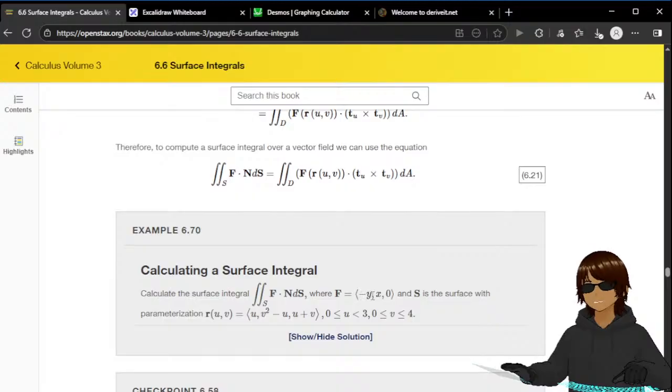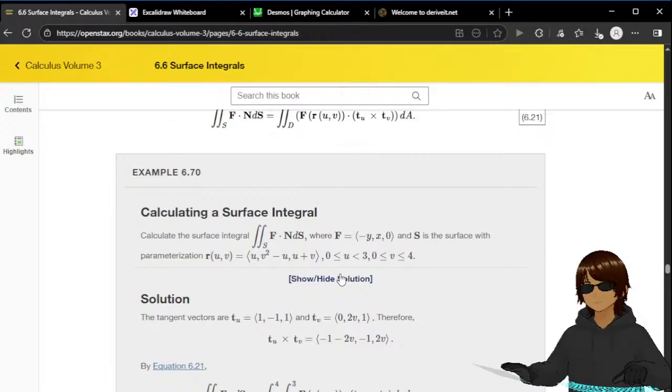Why is this minus y? We calculate tu, tv, calculate their cross product, and r(u,v) is already given. We substitute u for x, v squared minus u for y over here, and then we do nothing with u plus v, right?